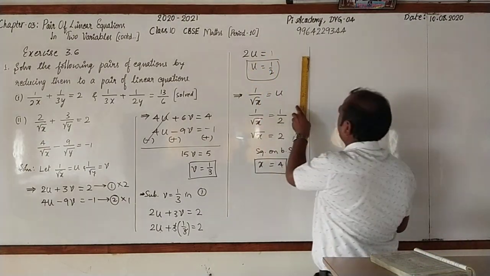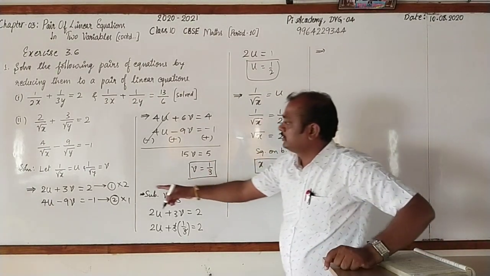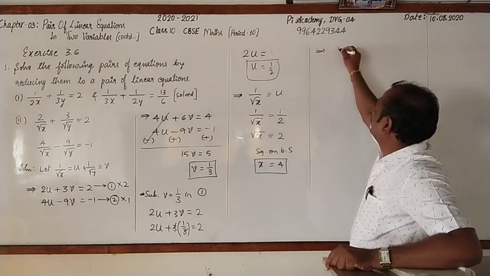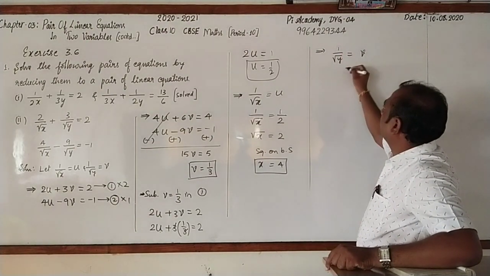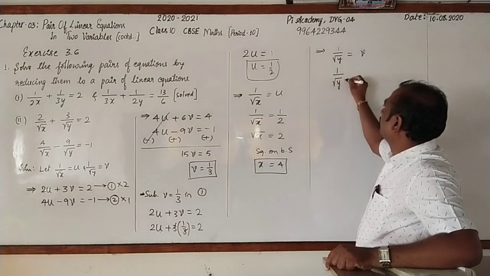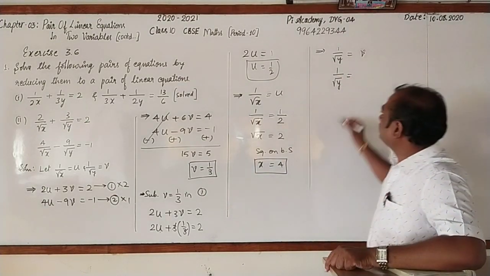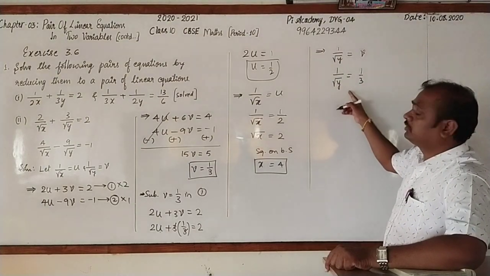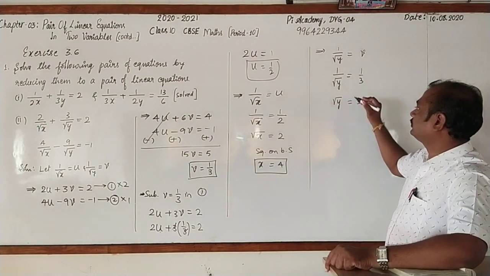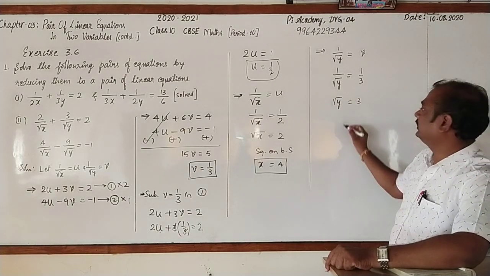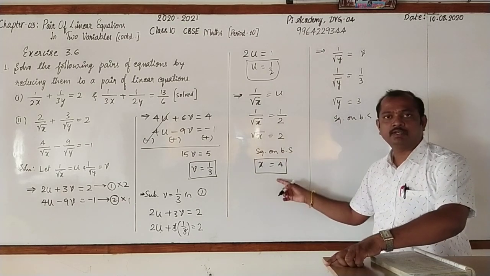Next, we will move on to find out the value of y. Then how do you go for that? You have to take 1 by root y is equal to v. What is v? V is 1 by 3. Then cross multiply, you will get root y is equal to 3. We want y, hence go for squaring on both the sides. Hope that you have understood here.